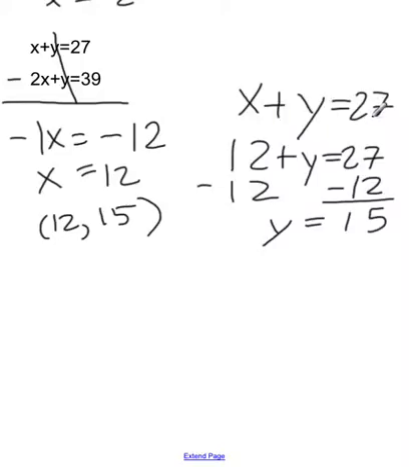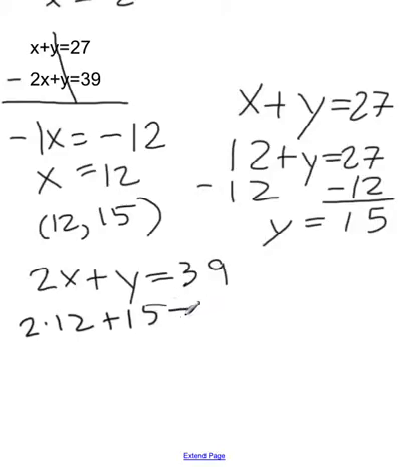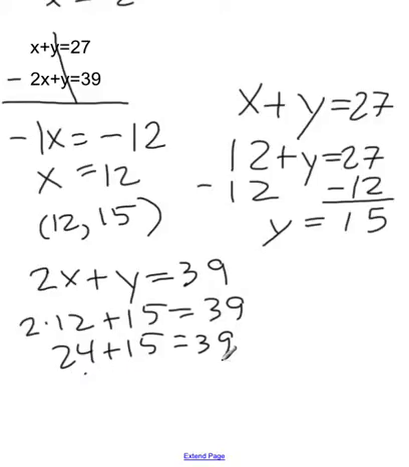I've already used x plus y equals 27 here, so I'm going to use 2x plus y equals 39. X is 12. 2 times 12 is 24 plus 15 equals 39. Does 24 plus 15 equal 39? It does indeed. So I've got my final answer right there.